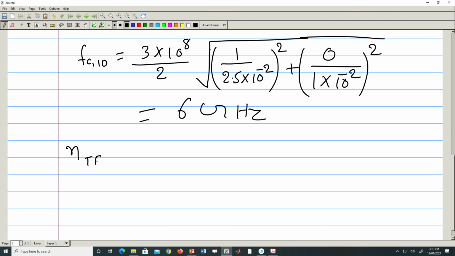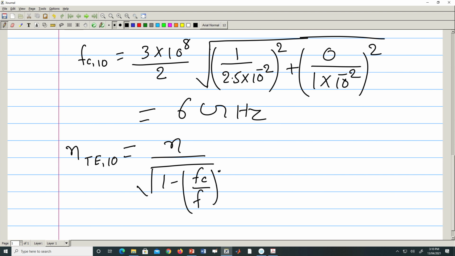So eta will be 377, because this is eta naught for air-filled, divided by the square root of 1 minus f c, which is 6, over f, the operating frequency. The operating frequency given is 18 gigahertz.